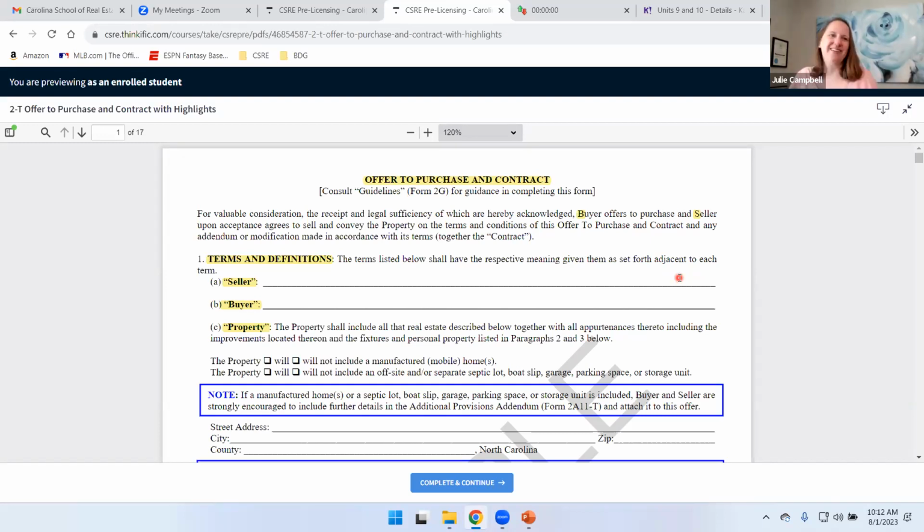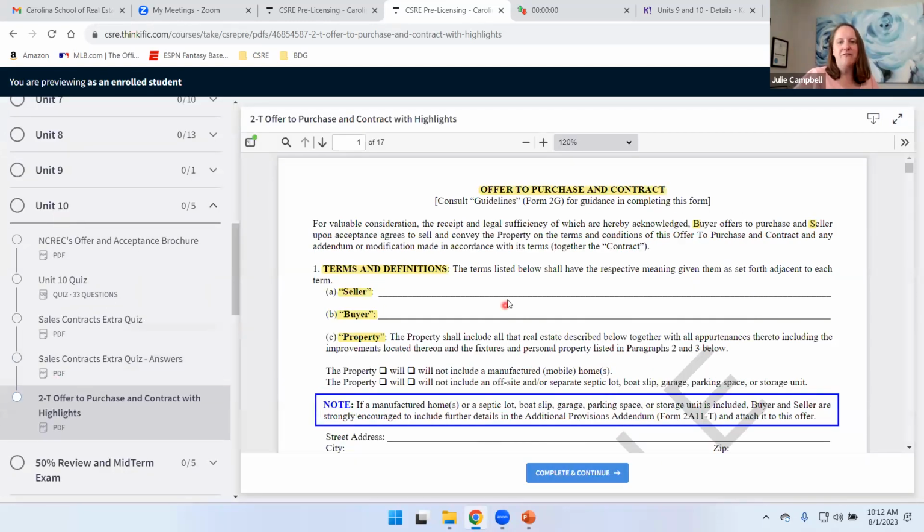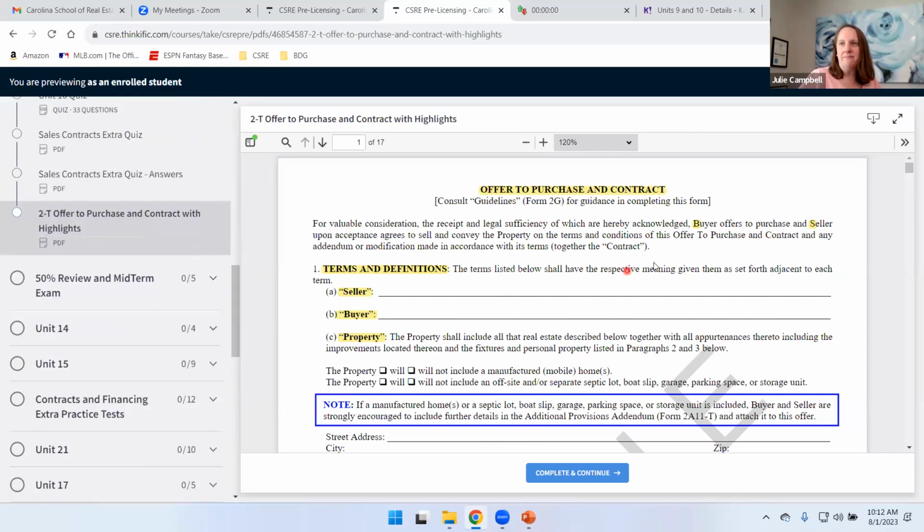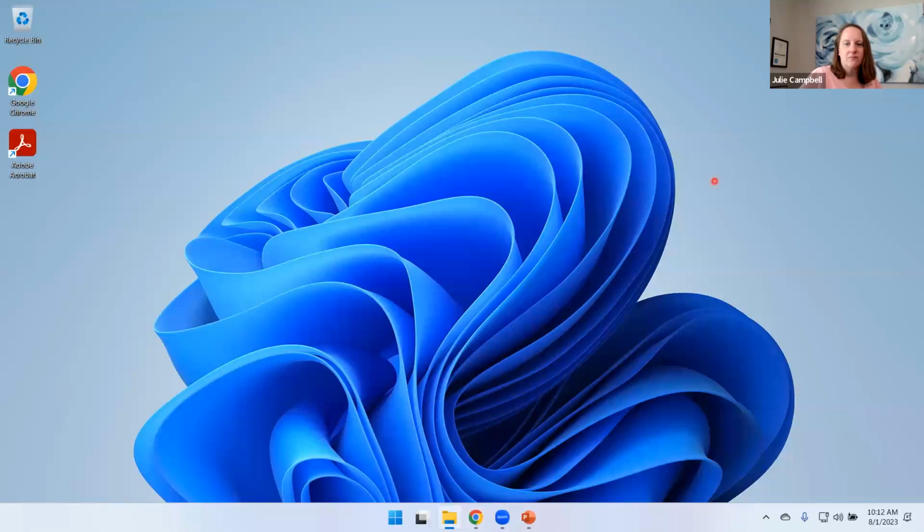Thank you for letting me know you're back. Questions about our offer to purchase and contract? Again, you can find the highlighted up-to-date version in the Unit 10 material, in the online learning system.